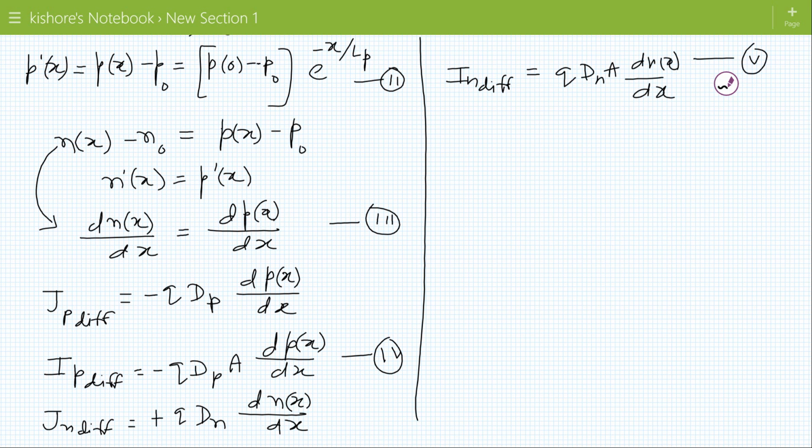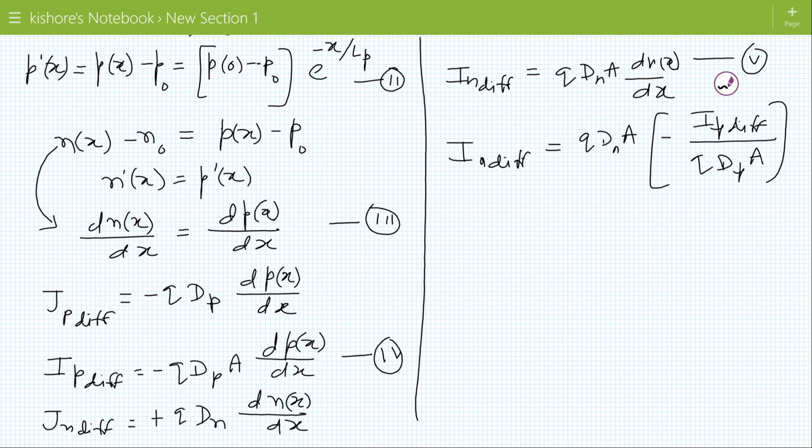Now from equation 4 and 5, we can write IN diffusion as q Dn A, and dnx by dx is same as dp by dx, so it is minus of IP diffusion divided by q Dp A. So the electron diffusion current is now minus Dn by Dp times IP diffusion.